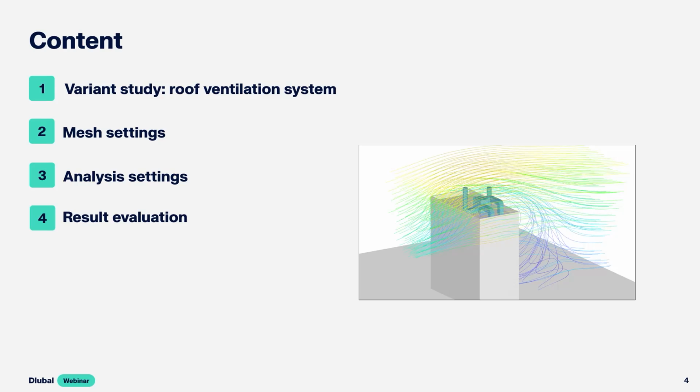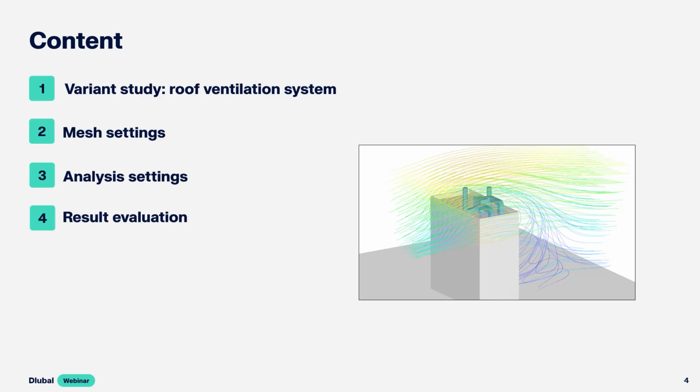In my case, the example I brought today, I want to look at a roof ventilation system and more specifically determine whether the height of the attic has an influence on this ventilation system, and if there's an effect, is it significant or not, and how does the change of the attic's height influence the results.